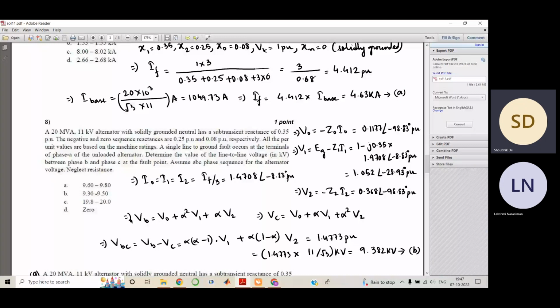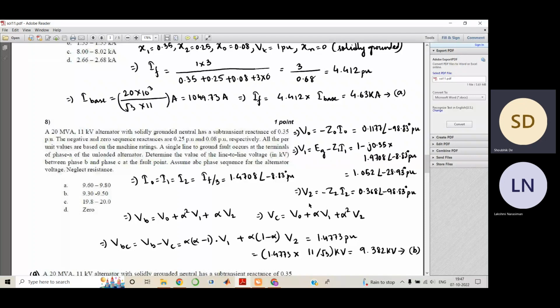So VB is V0 plus alpha square V1 plus alpha V2. Here alpha is the operator, 1 at an angle of 120 degrees, so alpha square would be 1 at an angle of 240 degrees. And your VC is this. V0 is minus Z0 I0, V1 is EG minus Z1 I1, and V2 is also this.